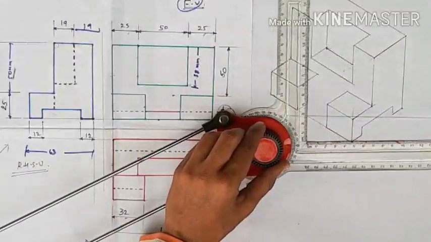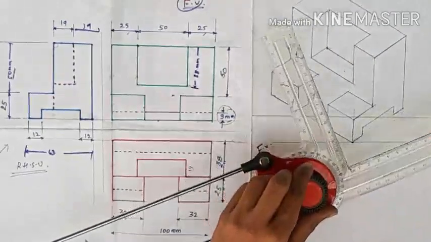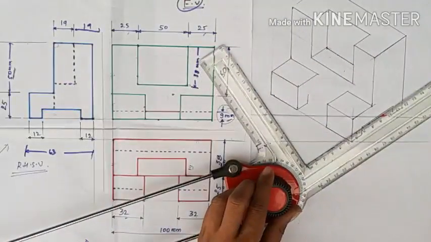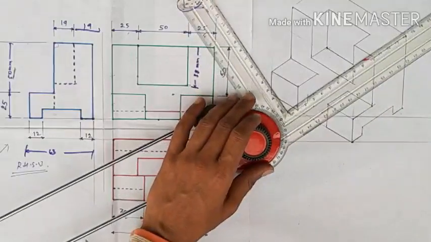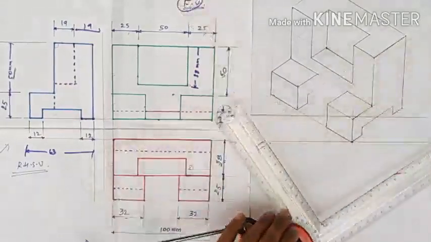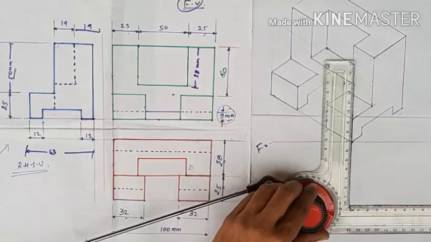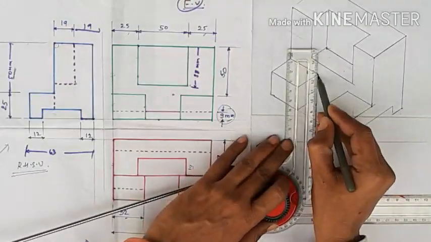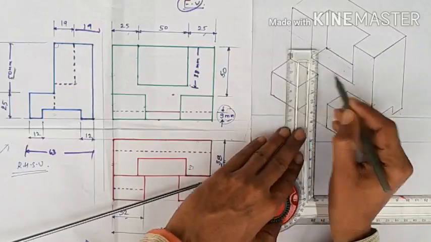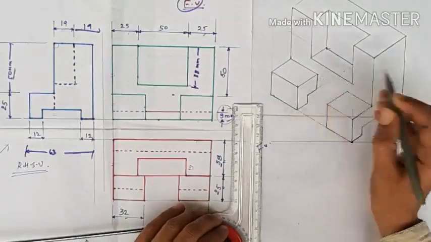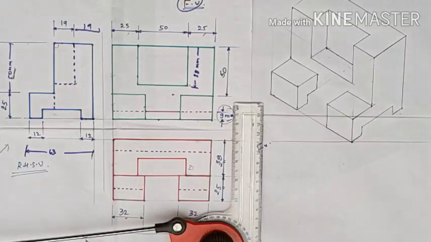Now putting the MD parallel to it, we need to draw a line like this, and again parallel to height we join these two with a single line. So both sides are exactly looking the same.